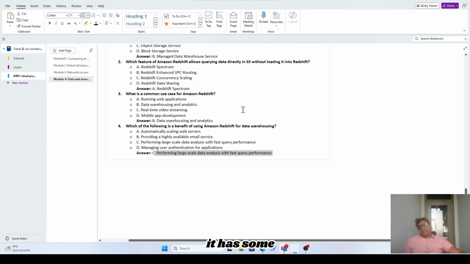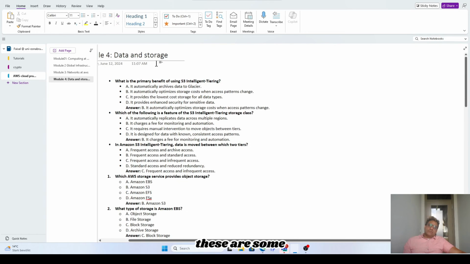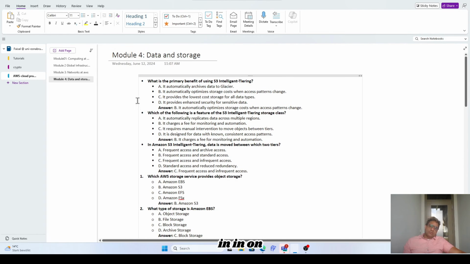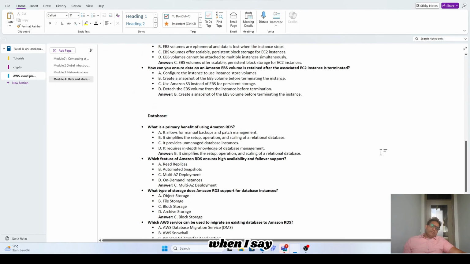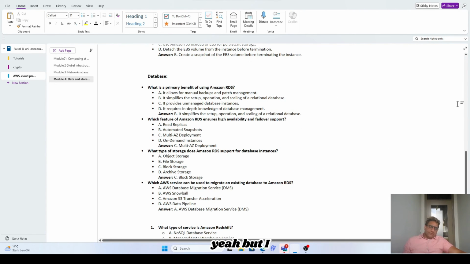It has some upper layer of optimization which makes it possible. Yeah, these are some sample questions for module 4 which could appear on the exam. Thank you.